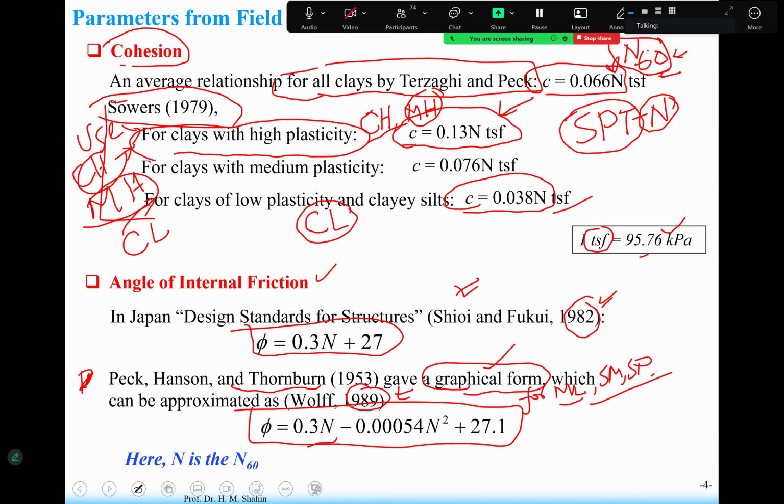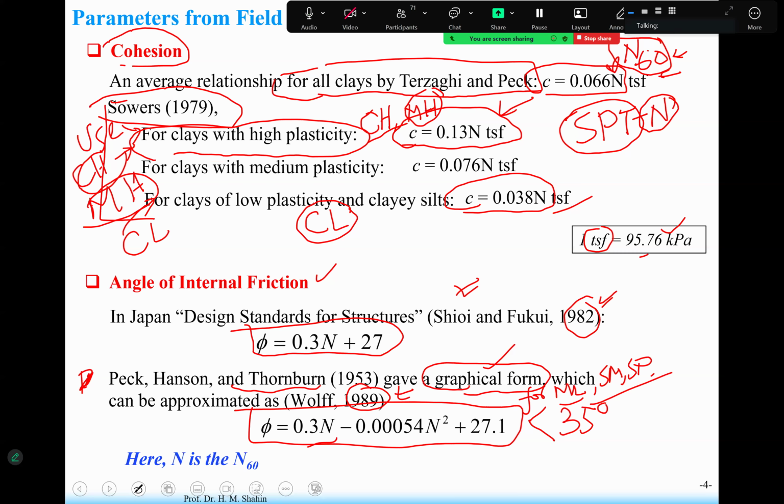Whatever the maximum N value, we will use a maximum of 35 degrees, because we don't have very high values. In the USA, the sand grain size is bigger than our case. Our case is very fine. We rarely have coarse sand. If you use silty sand, then you can even go for 38.